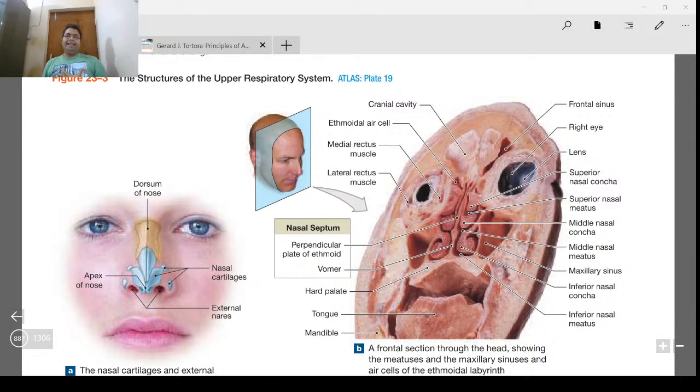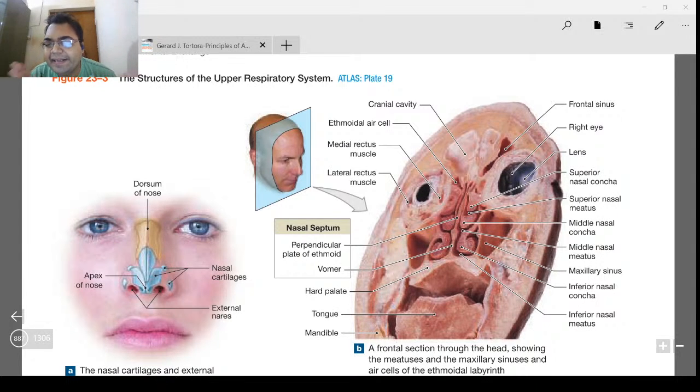Now, air which comes out from the lungs has more warmth, a higher temperature, than the air that enters. So the air that moves out will again pass over the same epithelial region of the nasal cavity, the nasal concha.